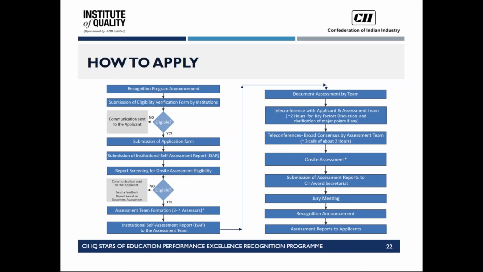Again, if they are eligible, it will go for the assessment team formation, and if they are not eligible, the secretariat will send a communication to the applicant with feedback about the document assessment.